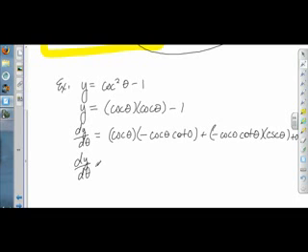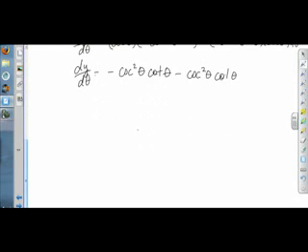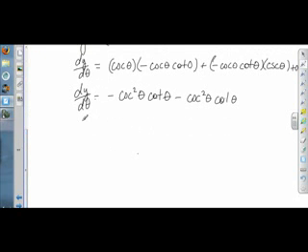Then if you neaten that up just a little bit, you're looking at negative cosecant squared theta times cotangent theta minus cosecant squared theta times cotangent theta, which is -2 cosecant squared theta times cotangent theta.